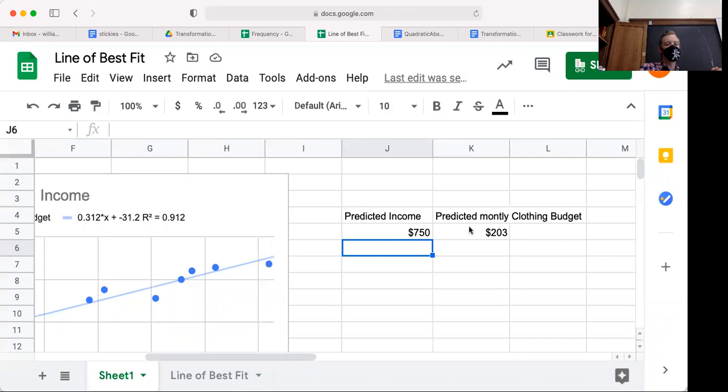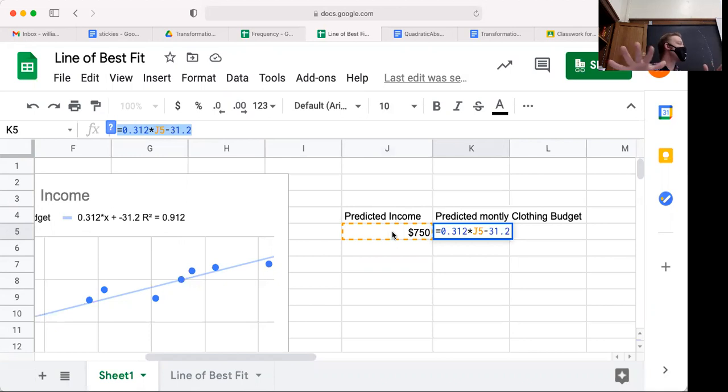Question? The formula is what we have right here. If I click on this, that is the 0.312 times by this cell rather than x, and then minus 31.2 since this number here is negative. For me, it was J5.